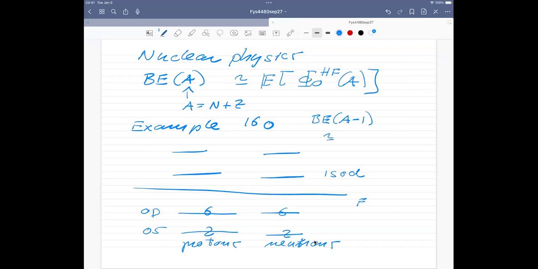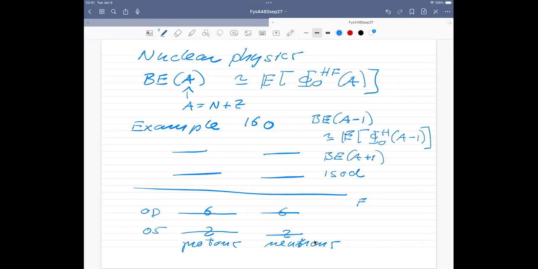And that is something you can approximate with the same Hartree-Fock calculations you did for the A particle case, but you're now using that one to calculate the Hartree-Fock energy with n-1 particles, but with the same basis states. You can also do this. You can add a particle, A plus 1, and simply add a particle with the same basis.